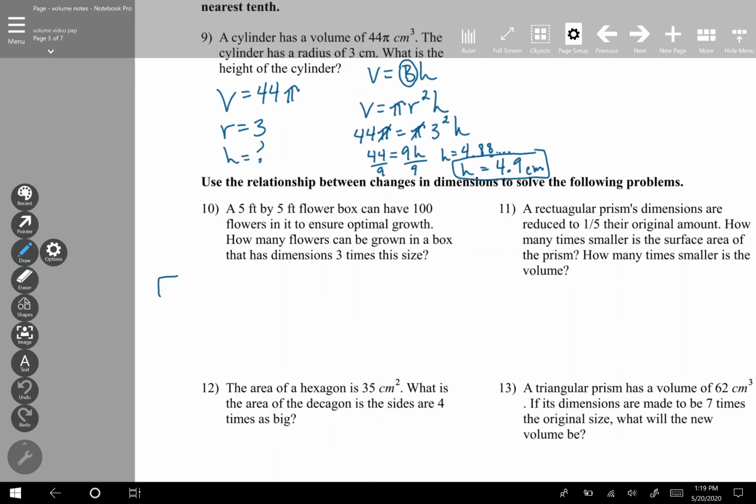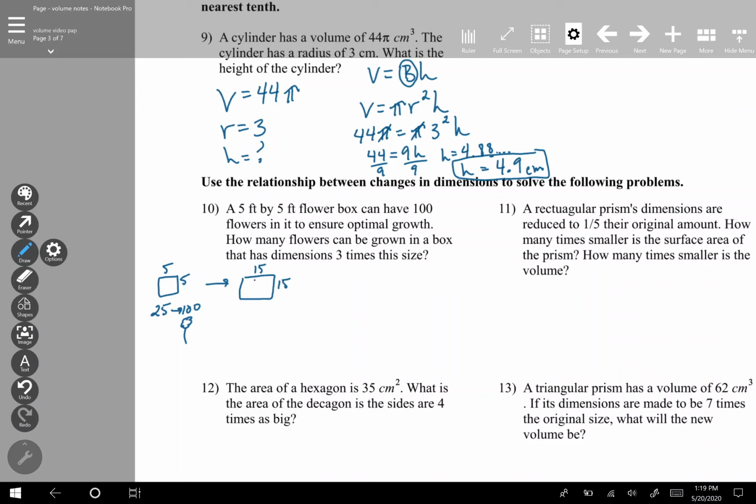We have our original one, 5 by 5. So every 25 square feet can have 100 flowers. Now, let's say that our box has dimensions 3 times that size. Instead of the box being 5 by 5, it's now going to be 15 by 15.